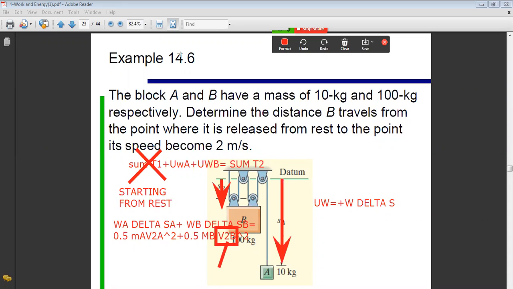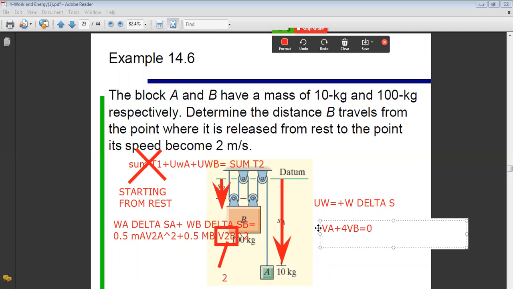Now, don't forget that we have related the velocity of A to the velocity of B. We said that, if you remember, VA plus 4VB equals 0.